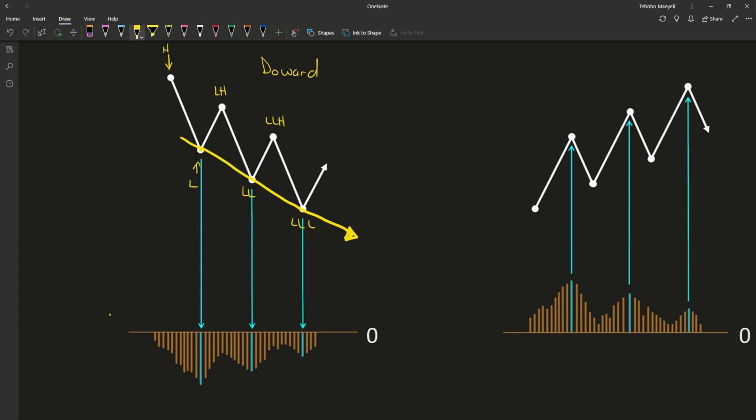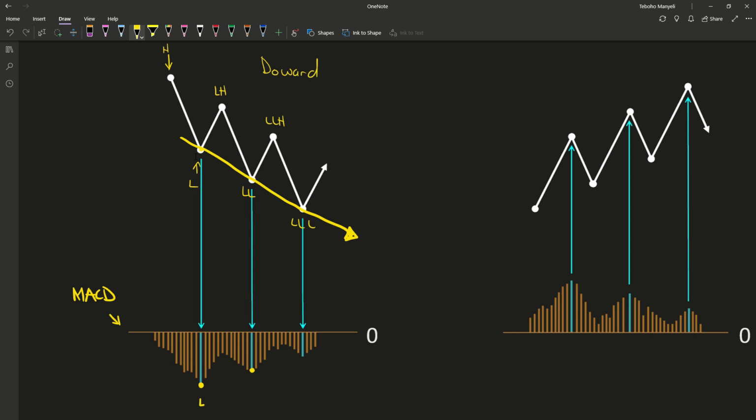But if we look down here, this is your MACD. If you look at the MACD, as we create our first low, the MACD also creates a low here in blue. As we create our second low, the MACD also creates a low here in blue. But instead of the low becoming a lower low, it's now a higher low.